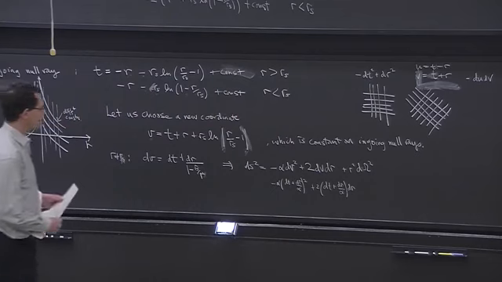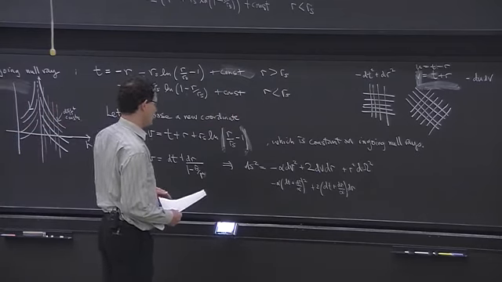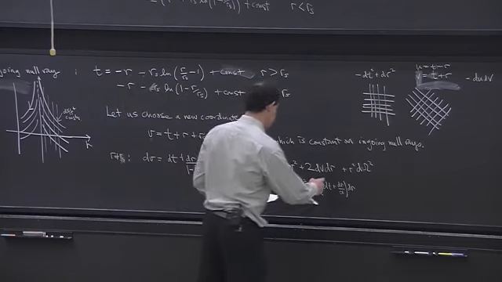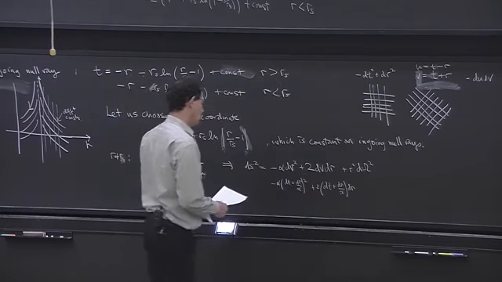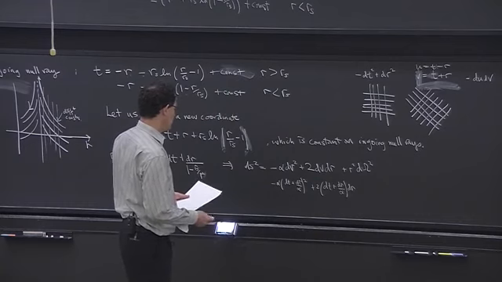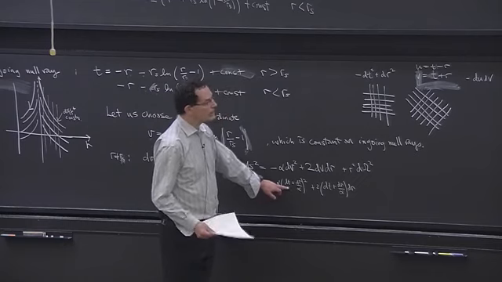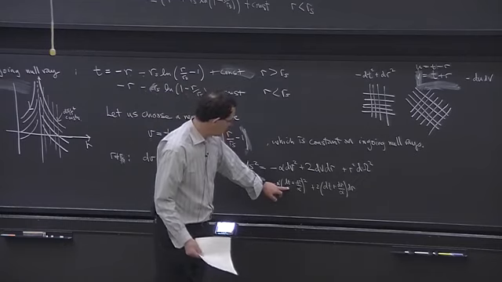Yes, that looks right. Here I get my minus alpha dt squared, which is the first term over there.